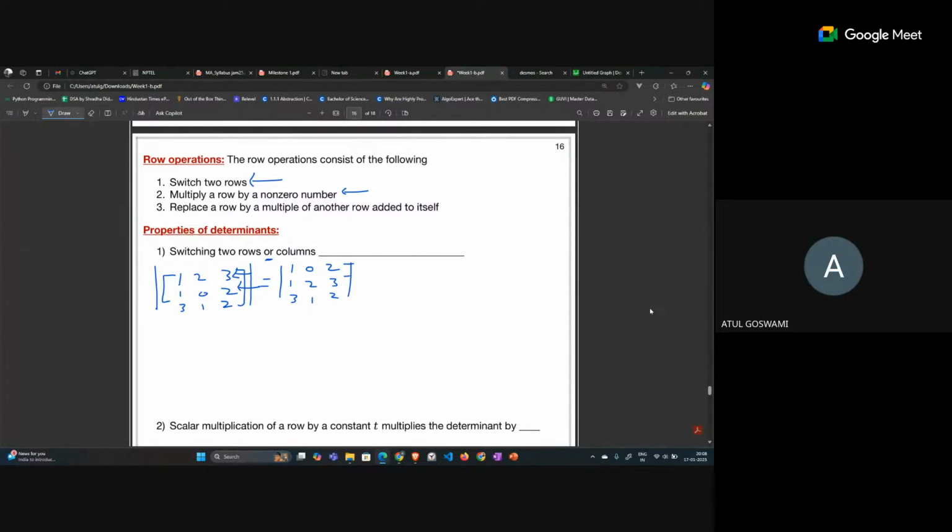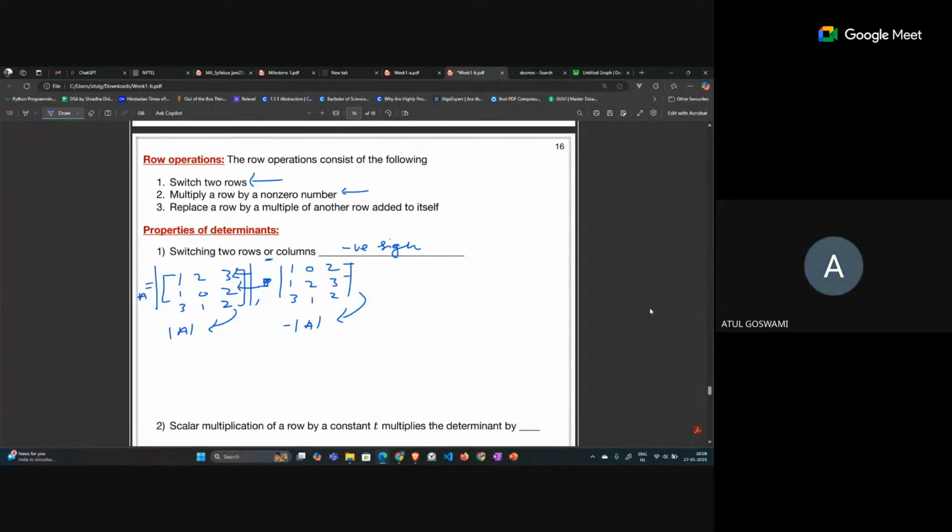What is the effect on the determinant? If the determinant of the first matrix is this, then the determinant of the second matrix would be the negative of this. So the effect is a negative sign. Is that clear?